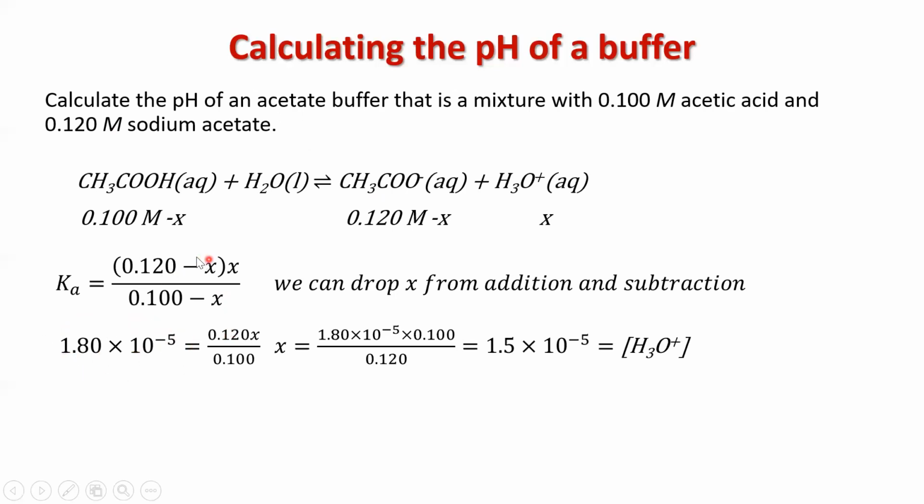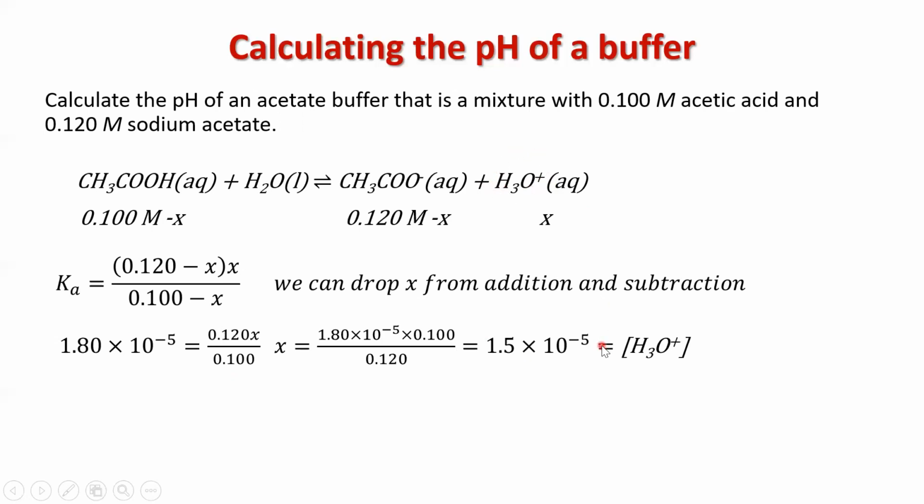Because we're getting rid of this X and this X, we have 0.120 times X divided by 0.100. So we multiply both sides by 0.100 and then divide both sides by 0.12, and that leaves us with X. X equals 1.5 times 10 to the minus 5, and that's the hydronium ion concentration.